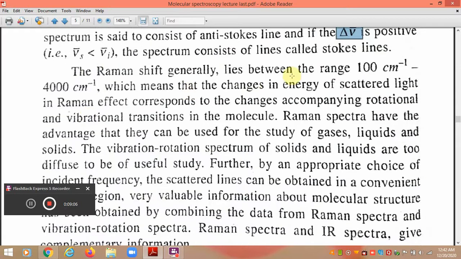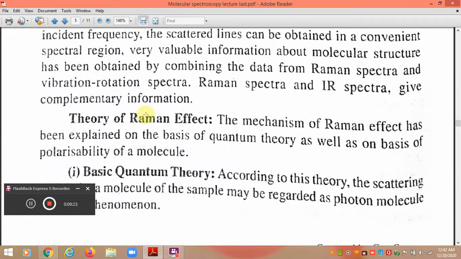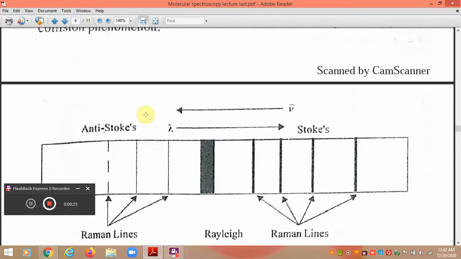The Raman shift generally lies in the range of 100 to 4000 per centimeter, which means that the changes in the energy of scattered radiation in the Raman effect correspond to the changes accompanying rotational and vibrational transitions in the molecule. This is very important regarding Raman spectroscopy.